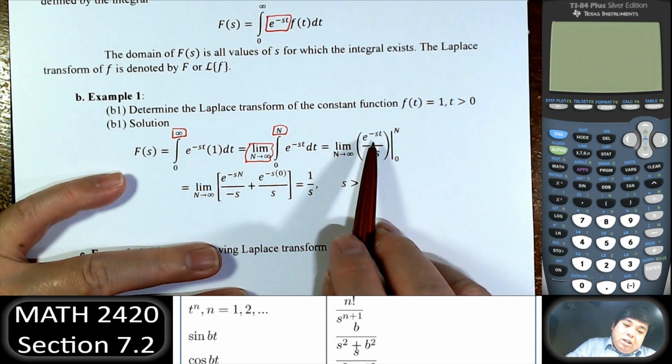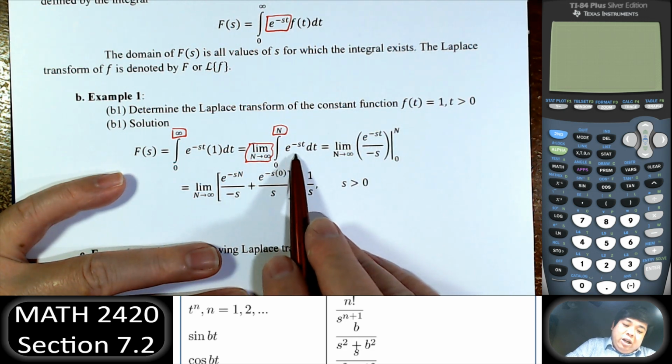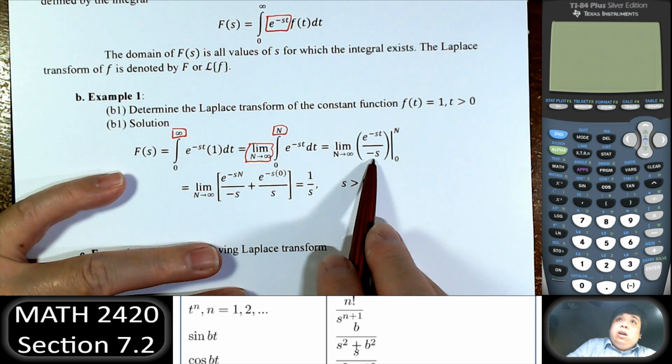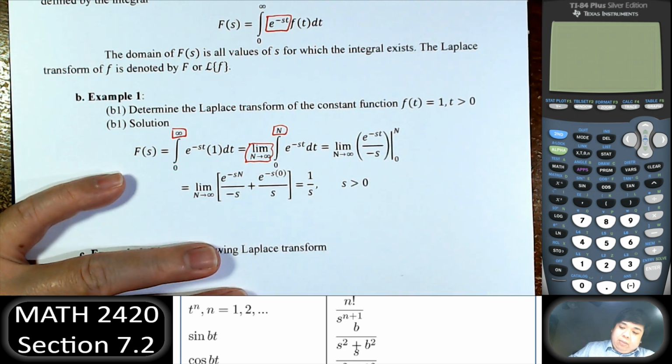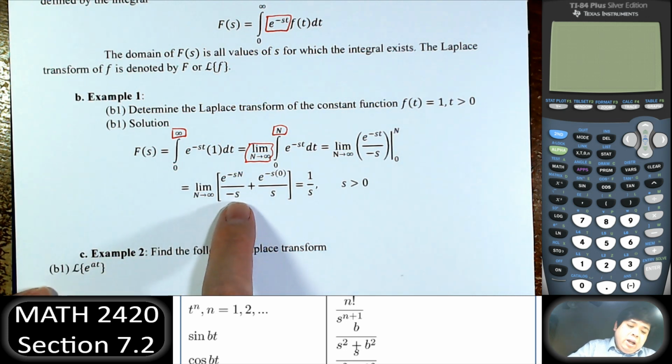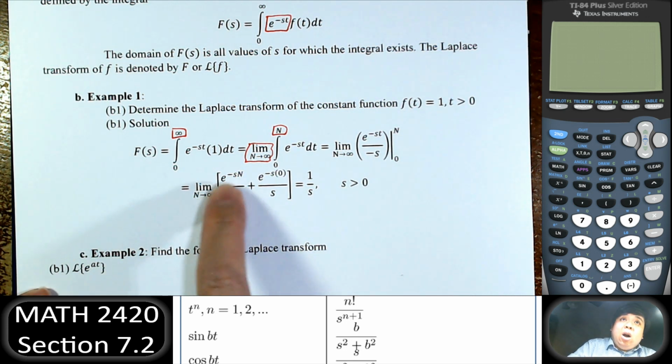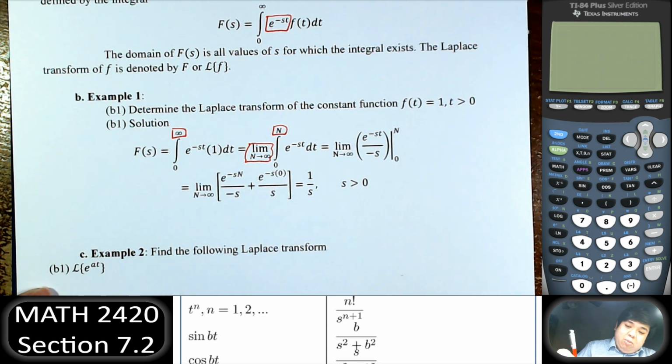So when we do that, we integrate e to negative st, evaluate from 0 to n, and substitute in. Now, as n goes to infinity, assume that s is positive.